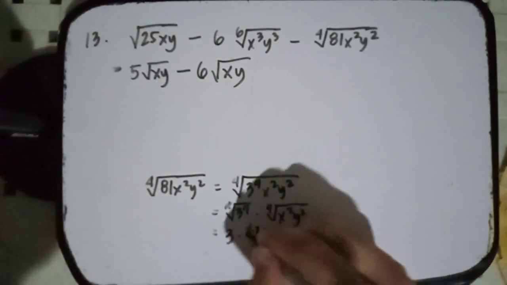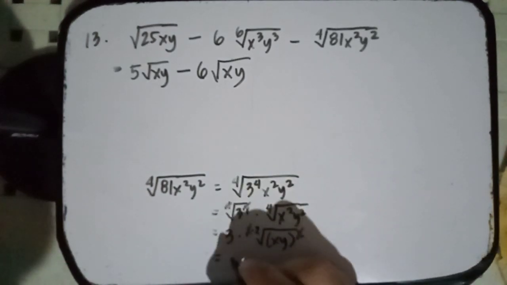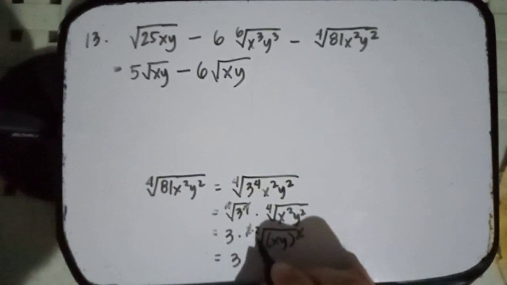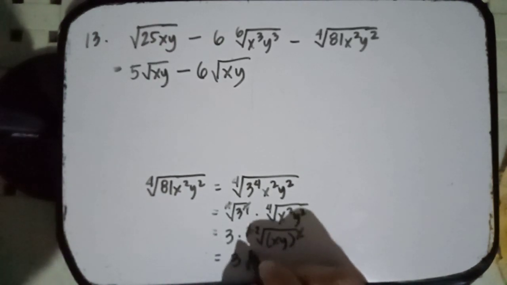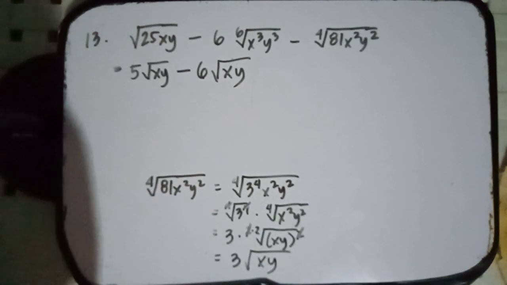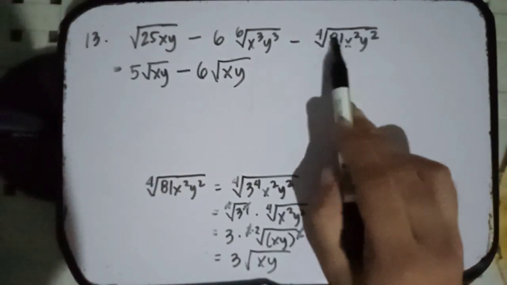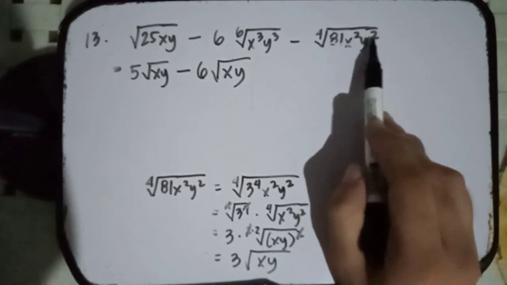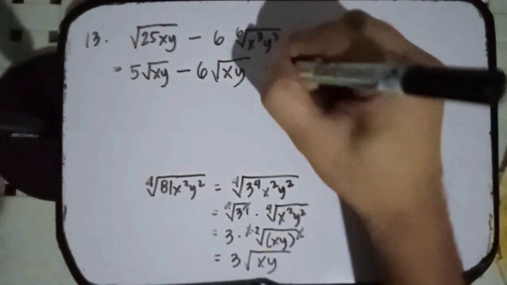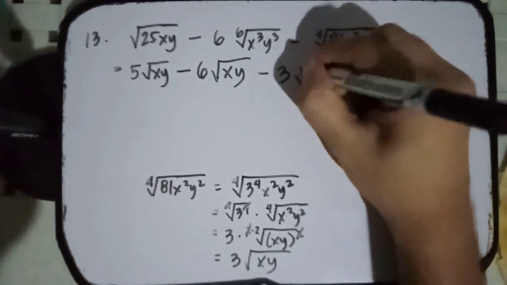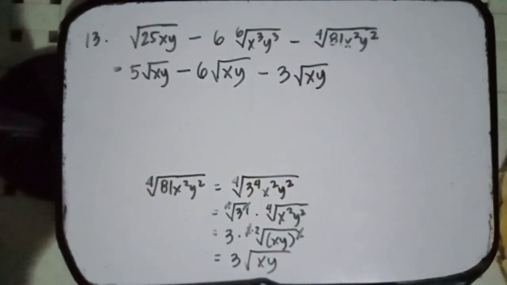Then, cancel 2. We have 3 times itong 2 index na to. So, square root ang tawag dito. So, square root of xy. So, from 4th root of 81 x squared y squared, naging 3 square root of xy na lang siya. Okay, so minus 3 square root of xy.